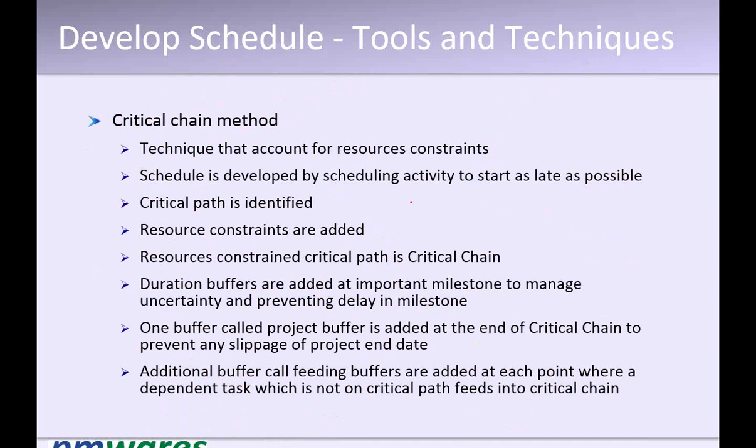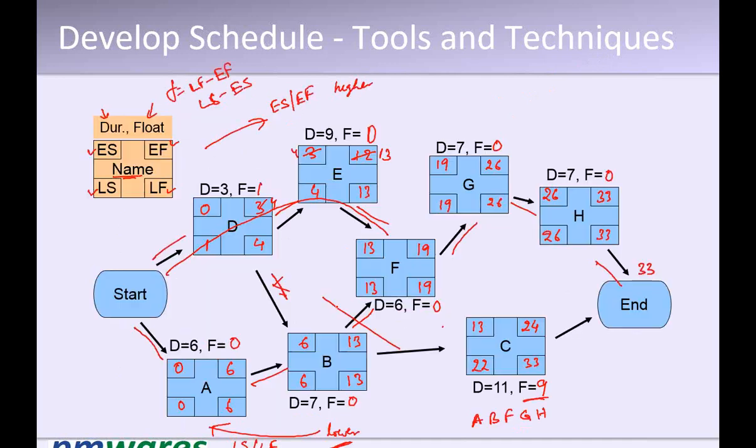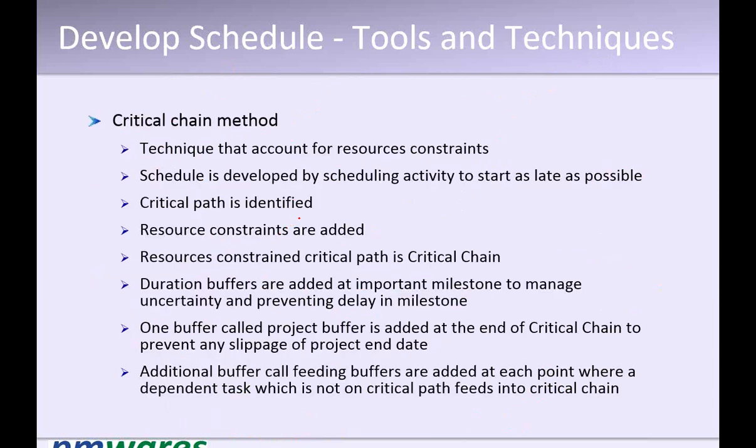Suppose a non-critical activity, let's say E, has some resource constraint. Even though there is a float of 1 day, don't you think E is also critical? Because there are scarce resources working on it. Any kind of challenge will put E in problem.